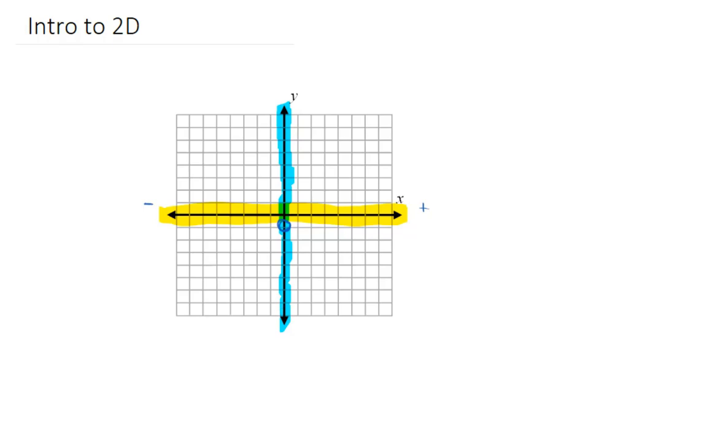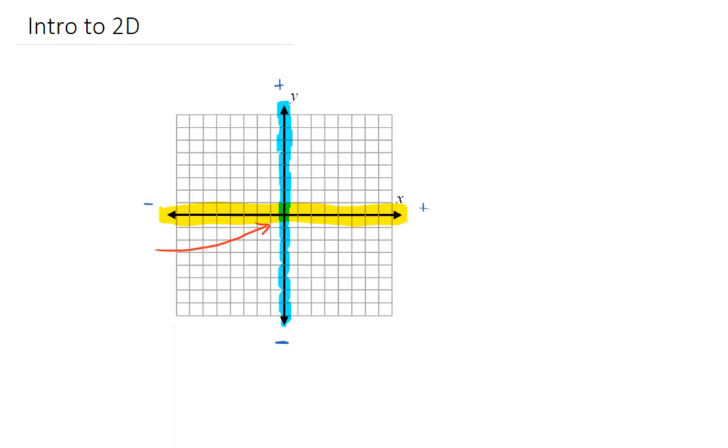With the vertical axis, the positive numbers are up and the negative numbers are down from the point where it intersects with the x number line, or the x-axis. That point at which the two number lines intersect is going to be the 0 for both of the number lines. So that's where you would start counting for the x number line.